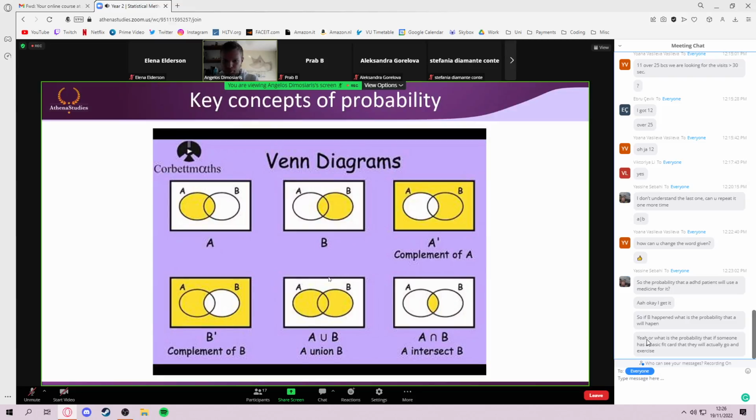Now, as we talked before, this is A or B. So now we care about the probability that either A or B will happen. And we call this the union.